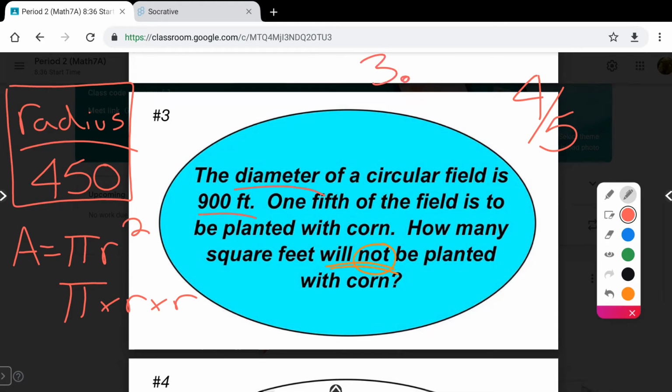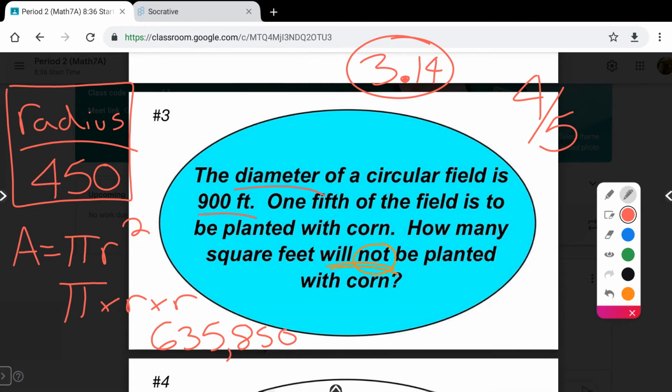We know that value of pi, 3.14. Okay, so we're going to take that multiplied by 450 times 450. And then we get a gigantic number, okay? 635,850. So 635,850 total feet squared of this area, this circular field.